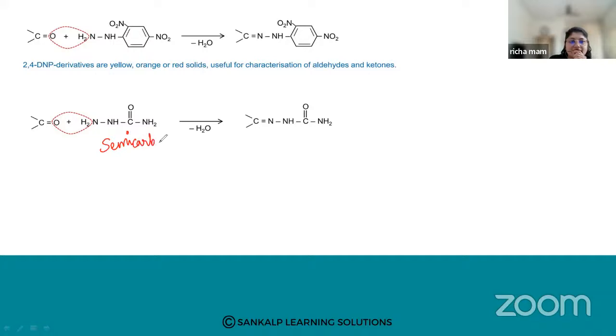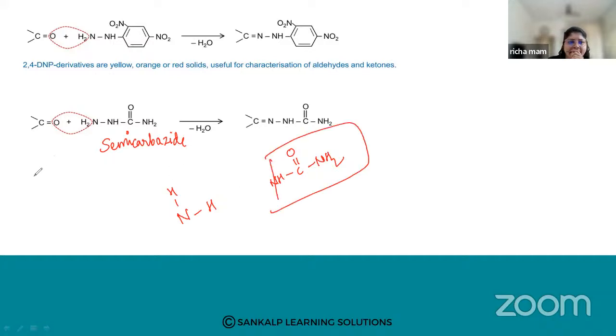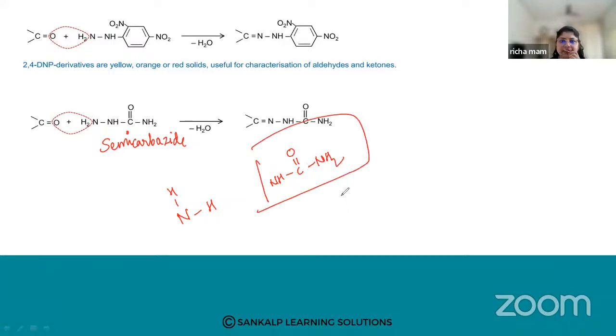Next, this is semicarbazide. When one of the hydrogens of NH2 is replaced by NH-C double bond O-NH2, it is called semicarbazide, and the obtained product is called semicarbazone.